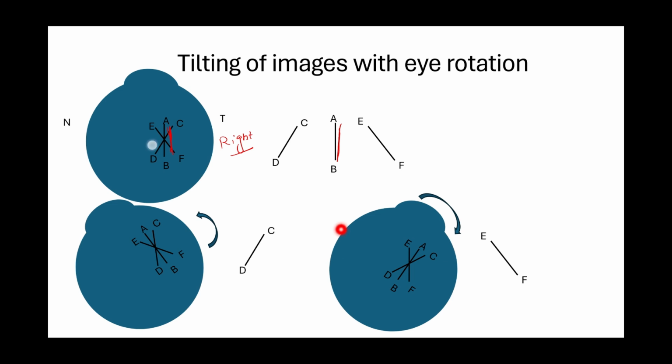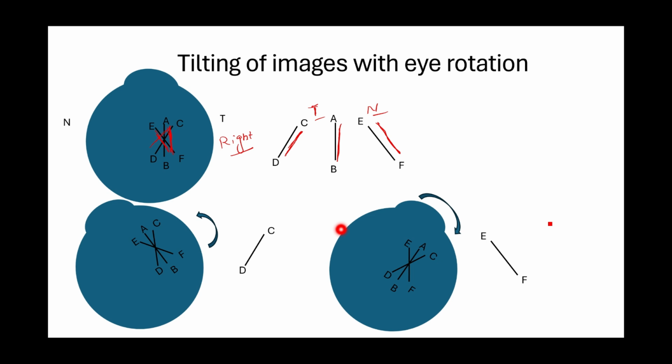And if this light falls along CD, it is seen as a slightly tilted image where the superior tip is tilted temporally. Likewise, if the light falls on EF, it is seen as again a tilted image where the superior part is tilted nasally.